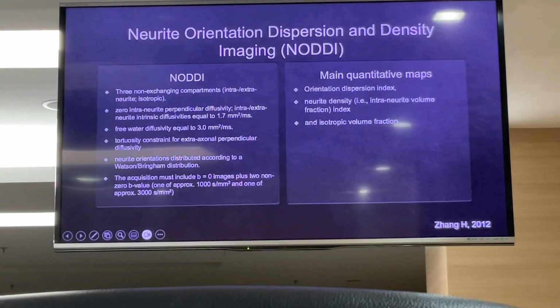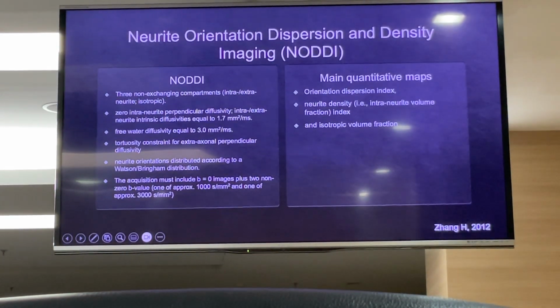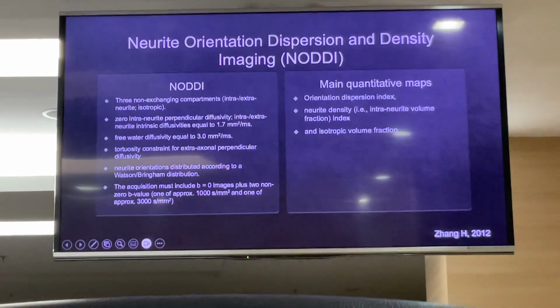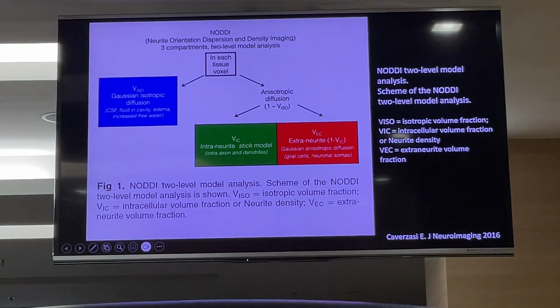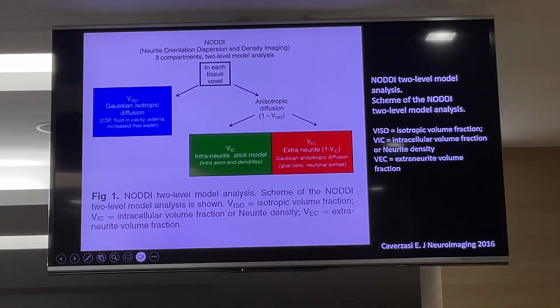Next I'm going to talk briefly about MAPL. This is a three non-exchanging compartment model using a zero image plus two non-zero b-values, approximately 1000 and approximately 3000. This is the main output of the model I showed you. It basically has three compartments and a two-level model analysis.